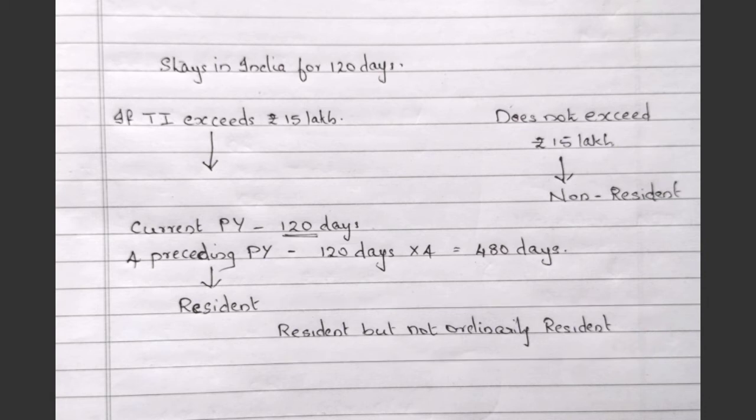So we have discussed one part, that is, if his total income exceeds rupees 15 lakh. Now we have to look at what if his total income does not exceed rupees 15 lakh. In the case where the total income does not exceed rupees 15 lakh, the condition is he must stay in India for 182 days or more to become a resident. In this case, he only stays for 120 days and so he is a non-resident.